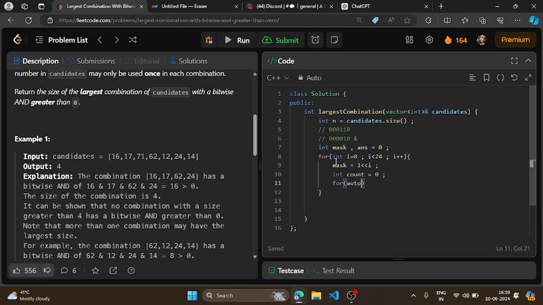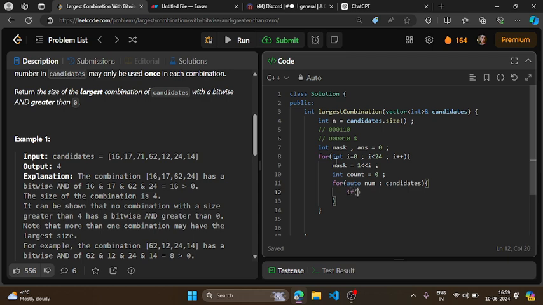Now for each number in the candidates vector, I'll check if the bit at the ith position is set or not. If it is set, then this particular number is eligible for being in my subsequence, and if it is not set, then I cannot include that number in my subsequence, right? This was our algo.